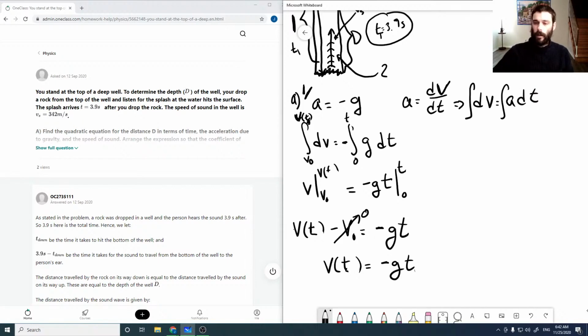The reason why I did that is because, well, now we want to move from velocity to displacement. So our velocity is dx by dt. And so then we can get our dx by rearranging this expression and integrating.